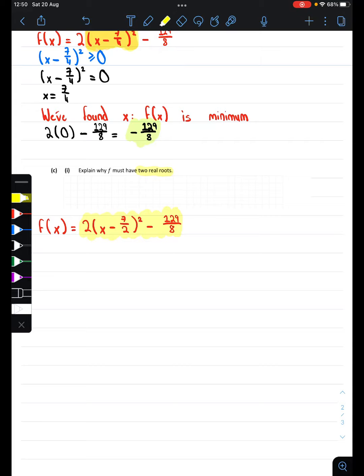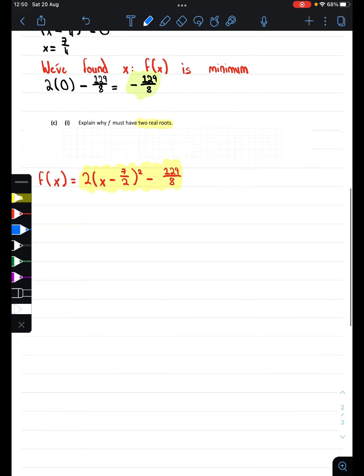Okay, so why does this have 2 real roots? Well, there's actually this rule.